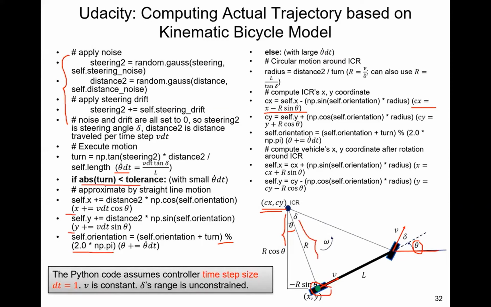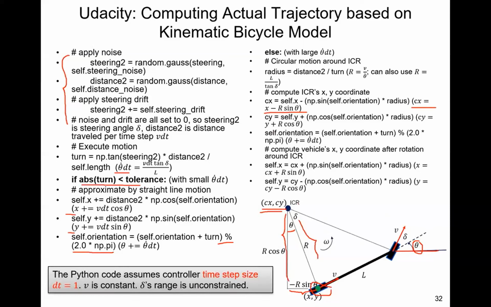Therefore, this angle here is theta. So the x coordinate of the ICR is the rear wheel x position minus r times sine theta, based on the triangle here, and the y position of the ICR is the rear wheel y position plus r cosine theta. That's the length here.